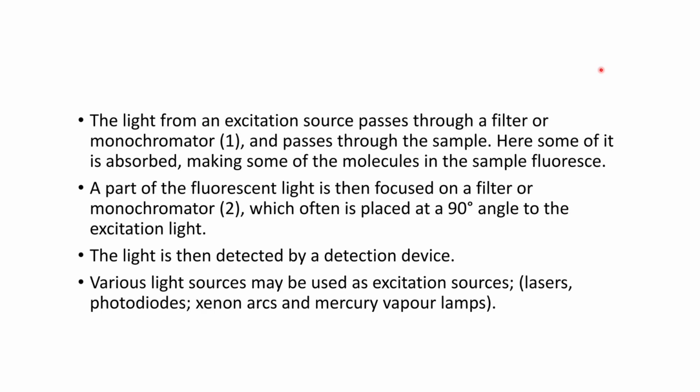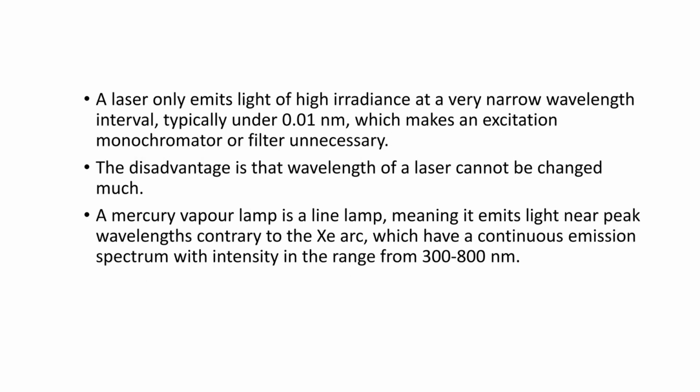A part of the fluorescent light is then focused through a filter or a monochromator, the second monochromator, which is often placed at a 90-degree angle to the excitation light. The light is then detected by a detection device, and various light sources may be used as excitation sources, such as lasers, photodiodes, xenon arcs, and mercury vapor lamps.